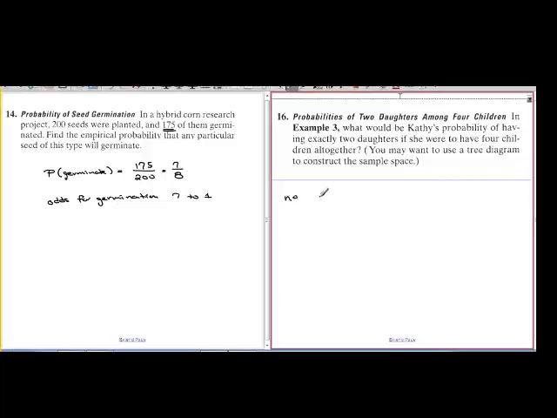These are the possibilities: no girls, exactly 1 girl, 2 girls, 3 girls, and 4 girls. Those are the 5 possibilities.